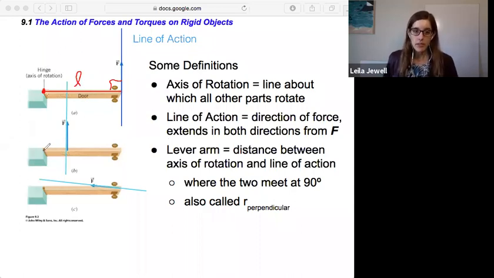And we'll note the lever arm with an L. Notice for case B, because the line of action is also vertical, we're going to have a horizontal lever arm that goes from the axis of rotation to that perpendicular intersection point. But it's much shorter, right? Because the force is being applied much closer to the axis of rotation. Then finally for C, this one's perhaps the hardest to draw the lever arm for. So we draw the axis of rotation, and we need to figure out where we would have a perpendicular intersection.